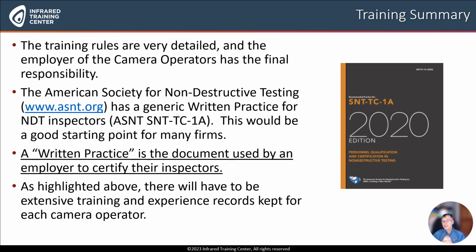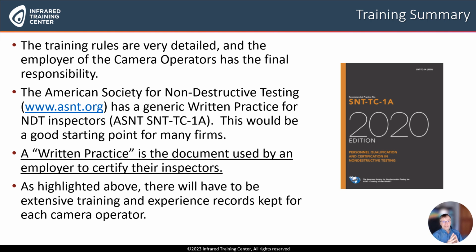The training rules here are very new, they're very detailed, and the employer of the camera operators has the final responsibility for certifying you. And so it is up to whoever either employs you or hires you to make sure that you meet these requirements.